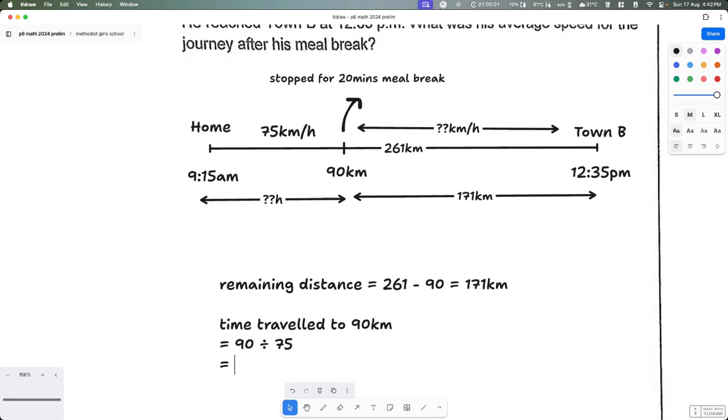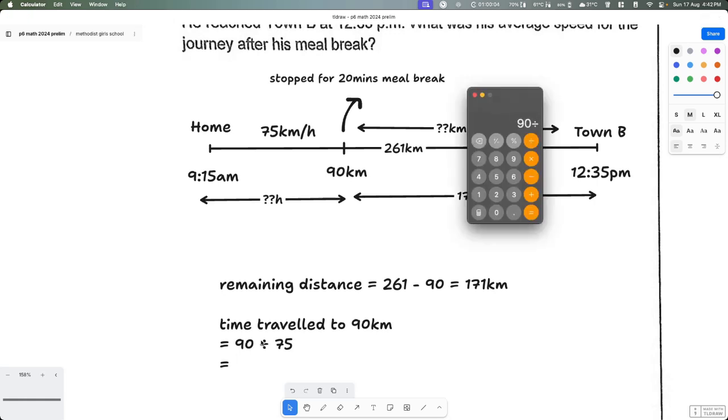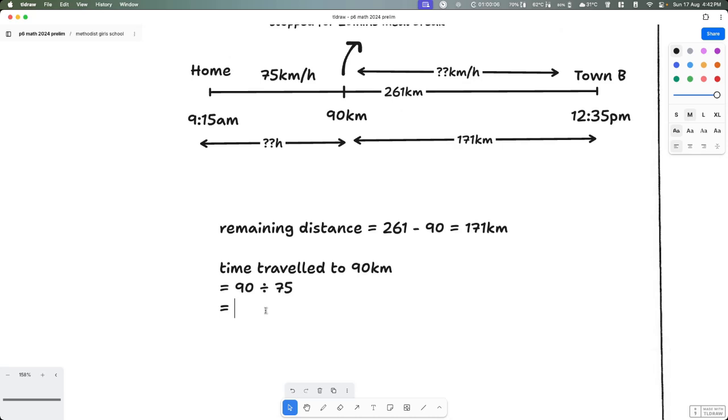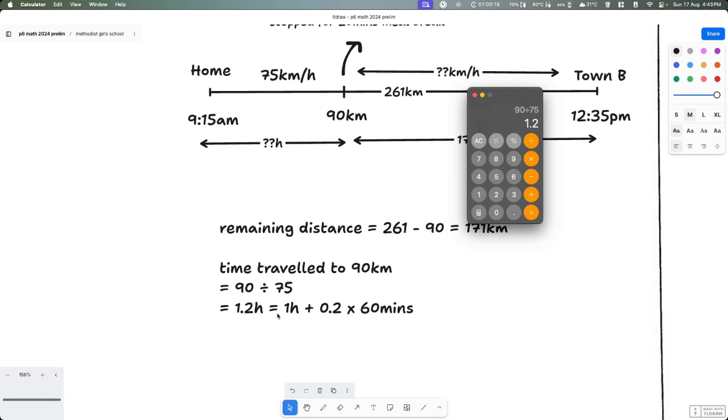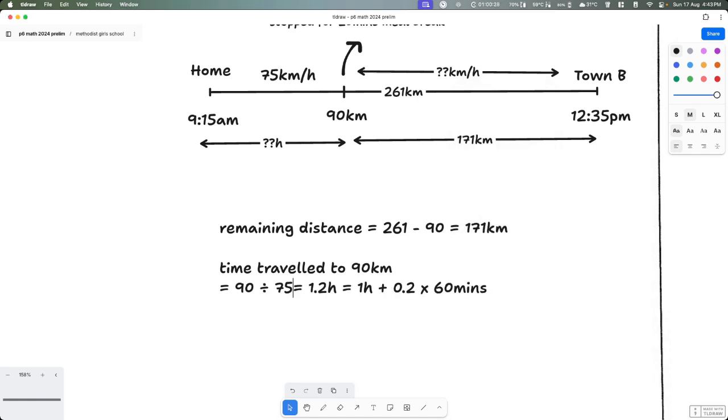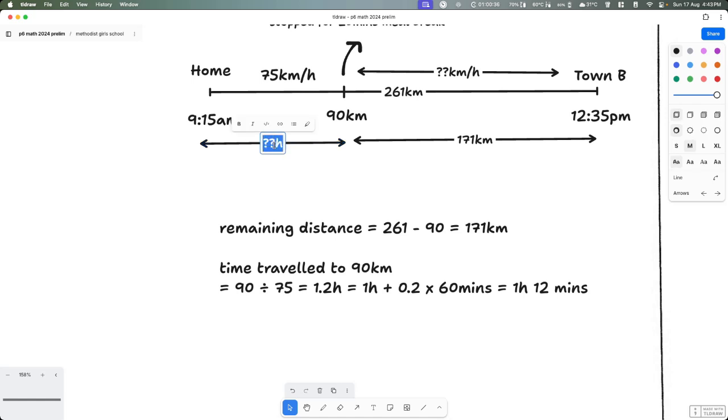What would this be? This is 1.2 hours, or how many hours and minutes? So 1 hour plus 0.2 times 60 minutes. 0.2 times 60 is 12 minutes. So basically 1 hour and 12 minutes. All right, so now we know that this is 1 hour and 12 minutes.